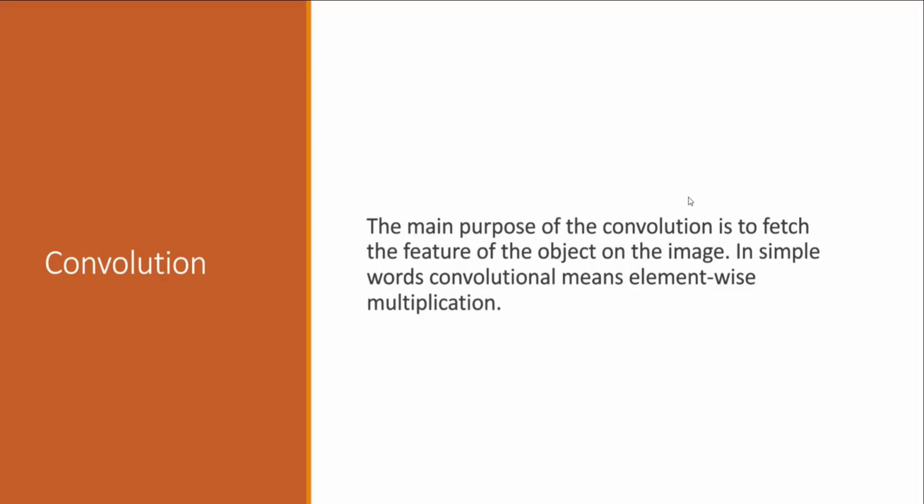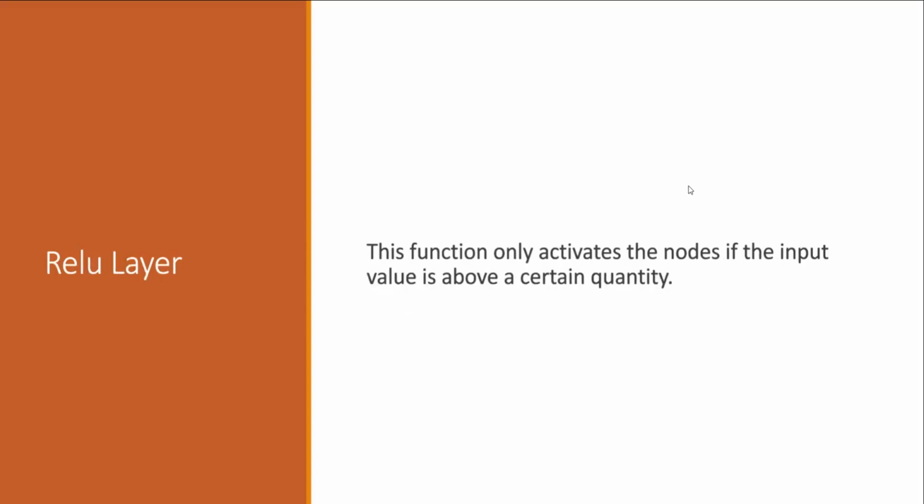In simple words, convolution means element-wise multiplication, and the computer will scan the image usually with a 3 by 3 matrix. The dimension of the image matrix is represented as h by w by d, and the output is fh by fw by d. Here h is the height, w is the width, and d is the dimension.